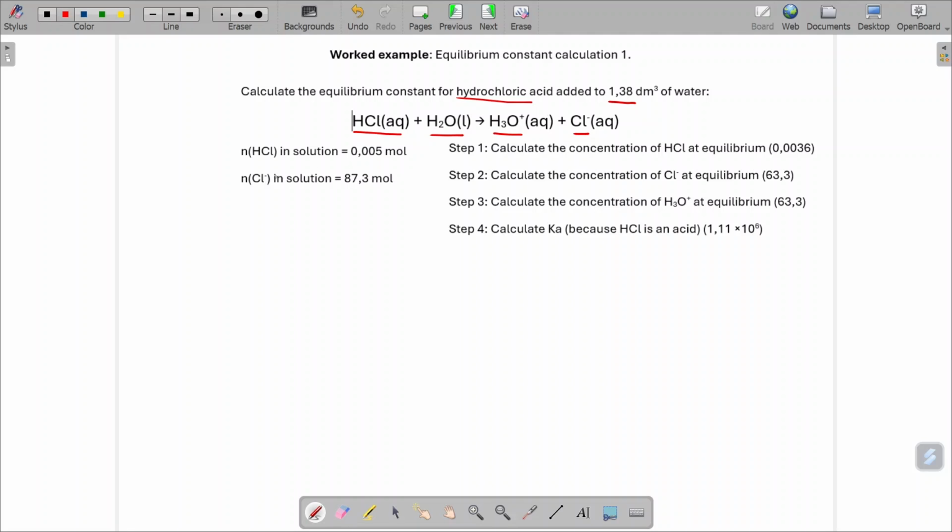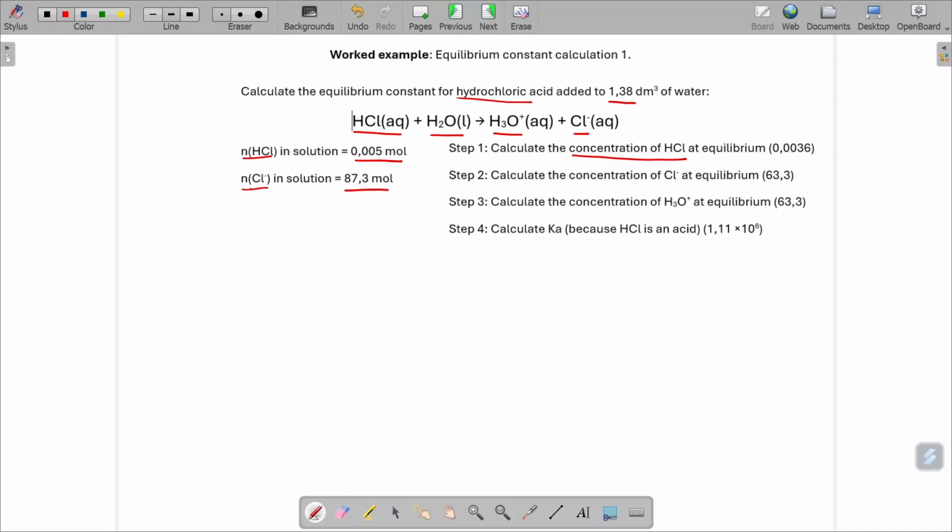Right, so what we want to do is we will follow the following steps. First of all, we'll calculate the concentration of the HCl at equilibrium. We're given the fact that the number of moles of HCl in solution is 0,005 moles, and the number of chloride ions in moles in the solution at equilibrium is 87,3 moles.